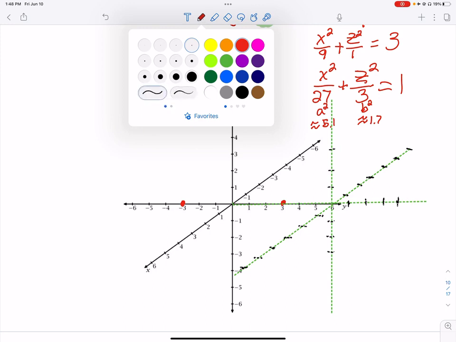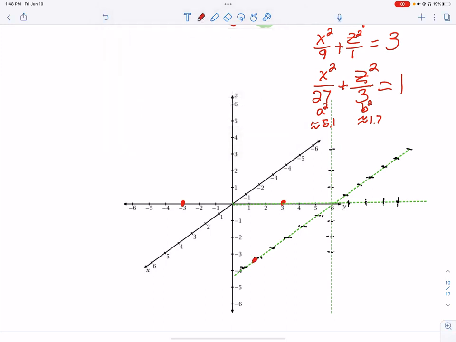All right, so that's about 5.1. And then about 1.7 in the Z direction. So here's my, okay, I have an ellipse here. Something like that.